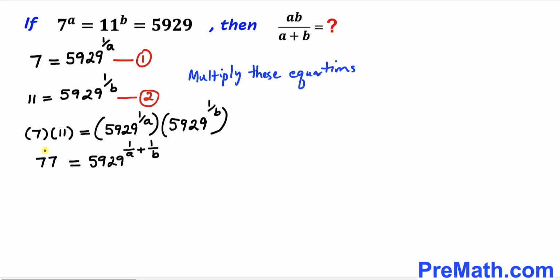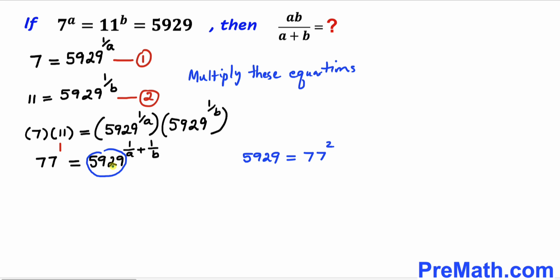And now let's focus on this left hand side, 77. I'm going to tweak this one. 77 could be written as 77 power 1. It doesn't make any difference whatsoever. And likewise, let's focus on this 5929. 5929 is the same as 77 power 2.